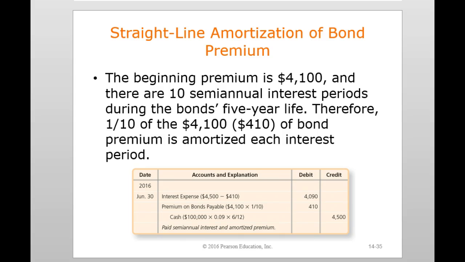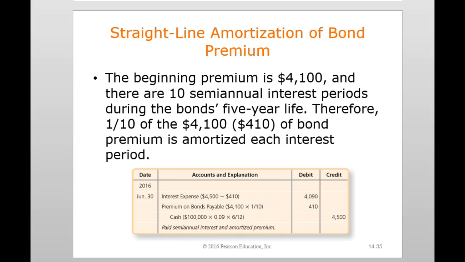So 1/10 of 4,100 is 410. So now what have I got? I'm paying $4,500 in cash, right? But I'm only recognizing as an interest expense $4,090, and I'm absorbing some of that with that premium here. So, and you'll do that each time you make an interest payment.